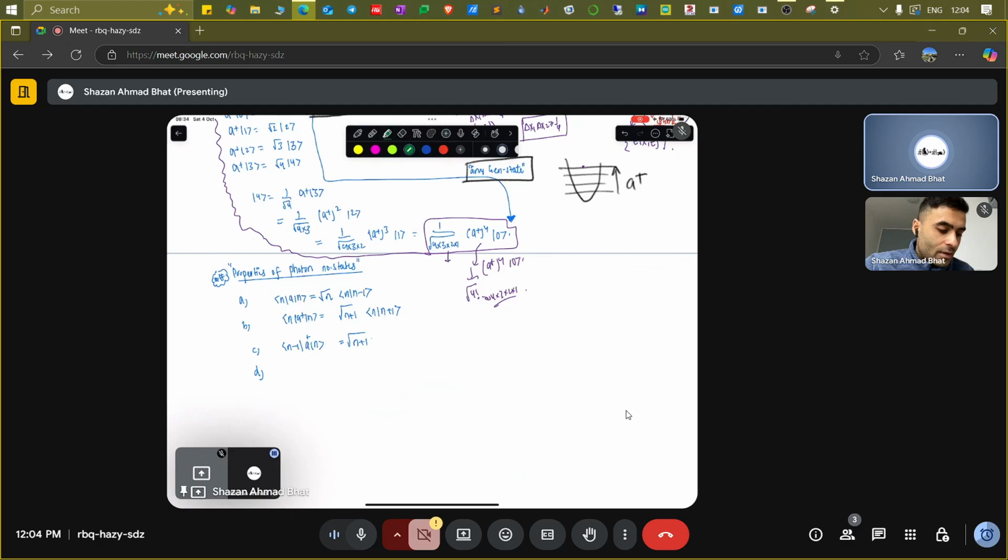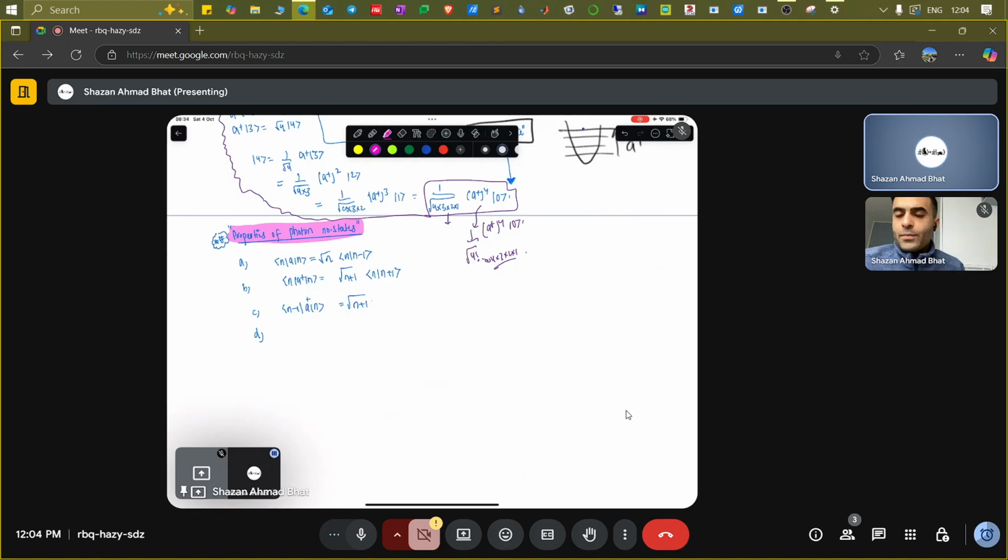Now there are certain properties of the photon number states, and these are just mathematical properties of these quantum states, and you can find them in any quantum mechanics book. I don't think Mark Fox discussed it.